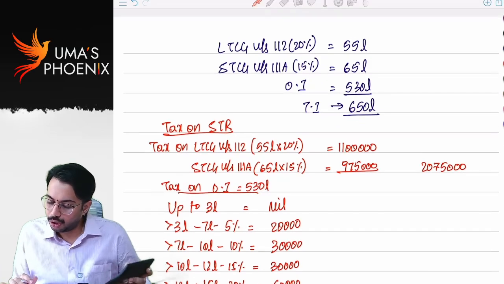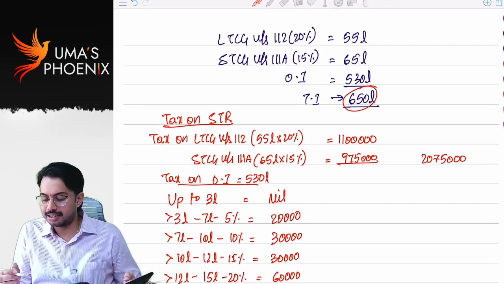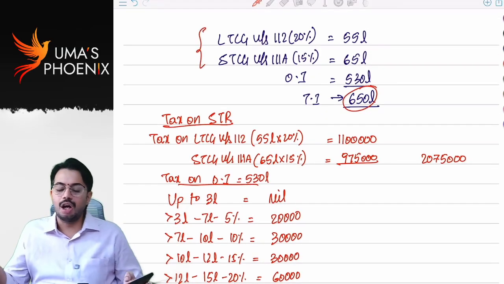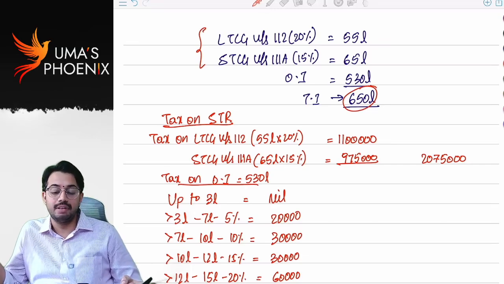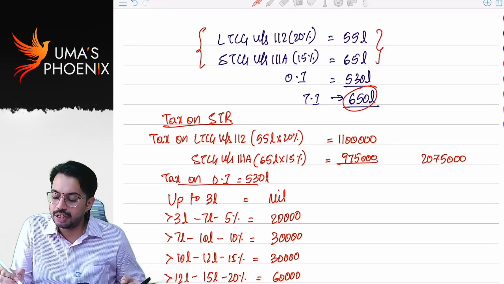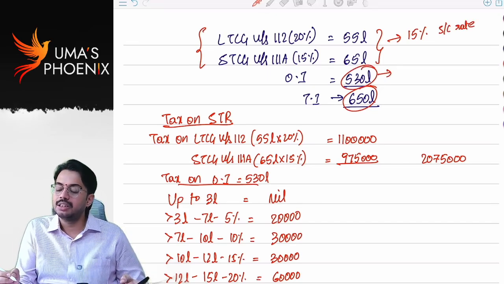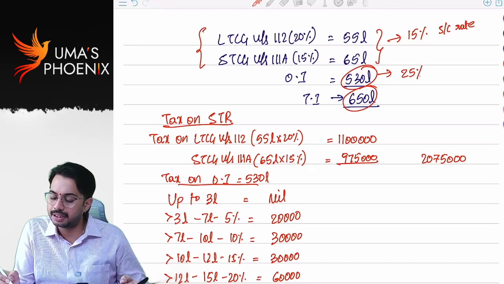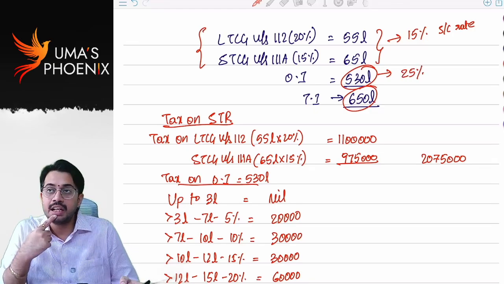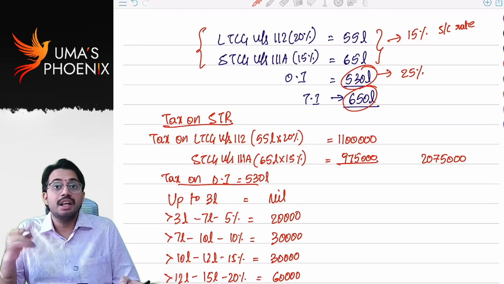See, total income is 650 lakhs. Total income has long-term capital gain under section 112, 112A. So for these two incomes, maximum you can apply 15% surcharge rate. Am I correct? Next, other income is there. For other income, surcharge rate is 25% because we are calculating under default tax rates.